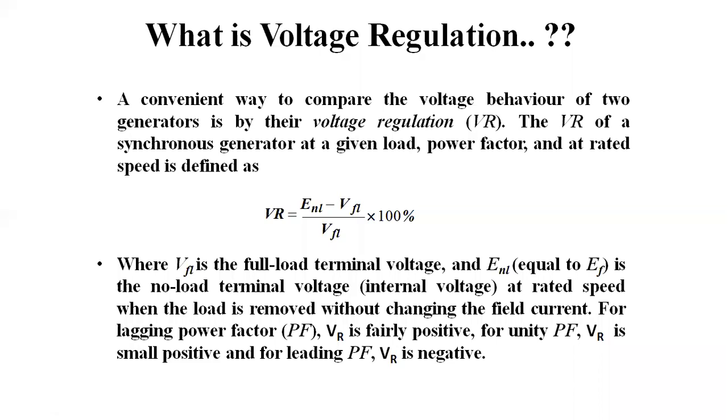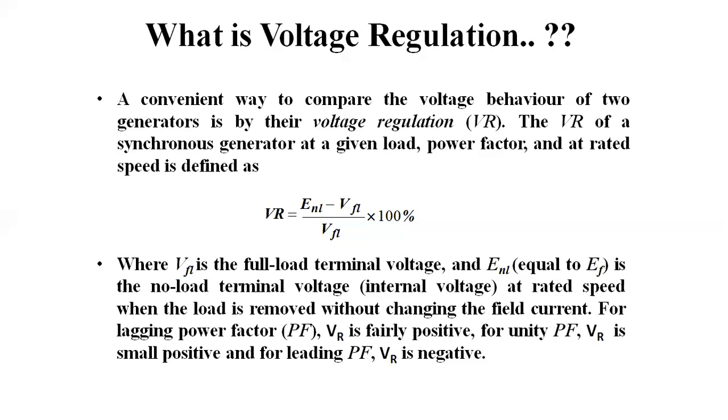The armature reaction depends on the power factor, and depending upon the power factor the voltage regulation changes. Clear? For a lagging power factor or unity power factor, VR is positive, but for the capacitive load, when the power factor is leading, VR is negative. This we can conclude from the armature reaction part.